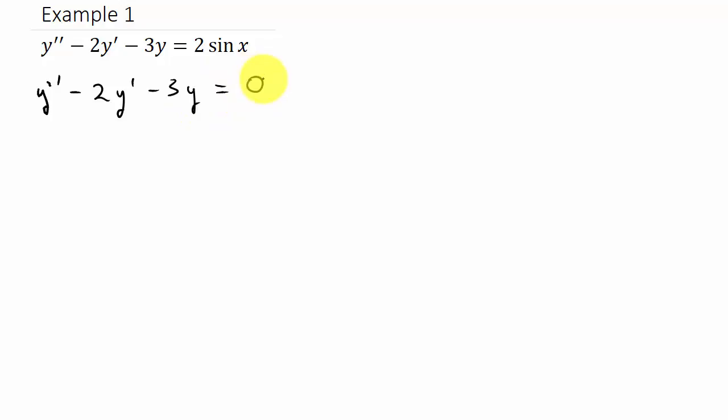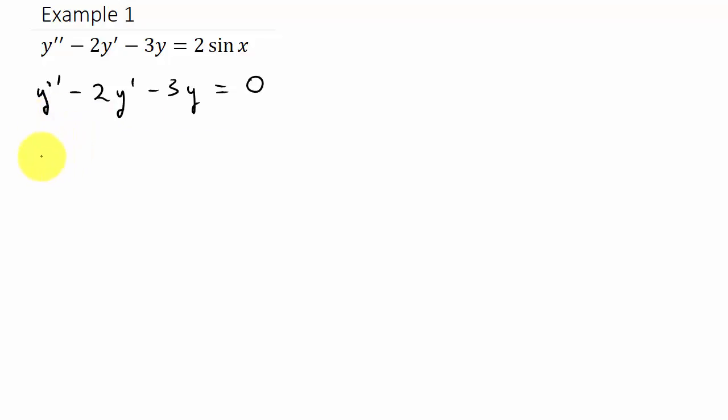We solve this first, and we get our solution y sub c. Hopefully you remember how to solve this.